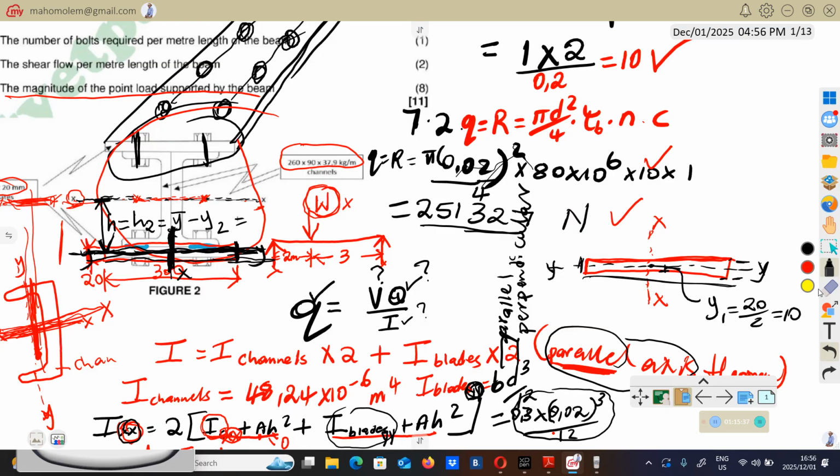And then Y2, you have to find this height. Let me erase this side only.